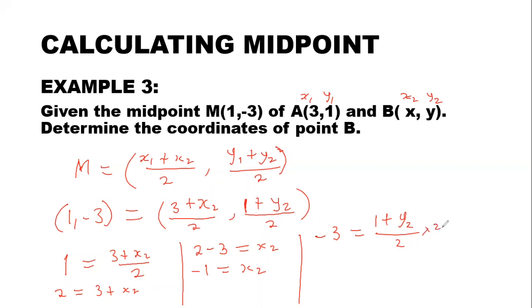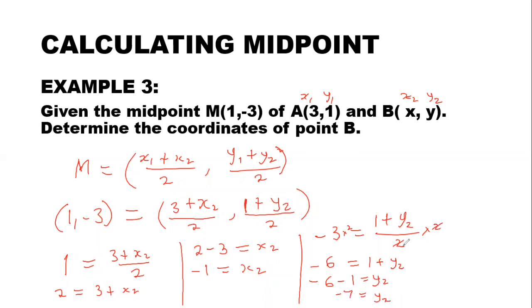So -6 is equal to, this cancels this, 1 plus y2. We send 1 across the equal sign, it becomes -6 minus 1 equal to y2, meaning -7 is equal to y2.